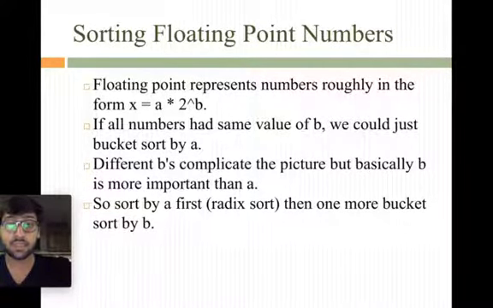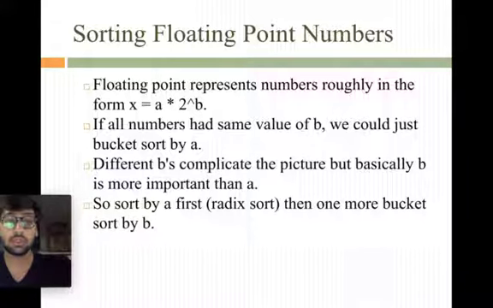If all the numbers have the same value of b, the 2 to the power b part will be the same, so the numbers just need to be sorted by a, which can be done by a simple bucket sort.